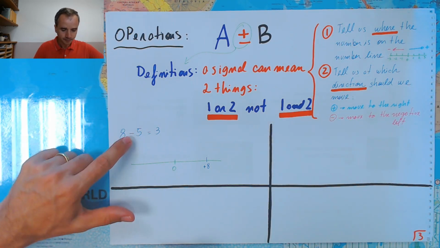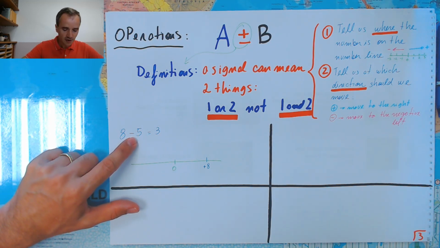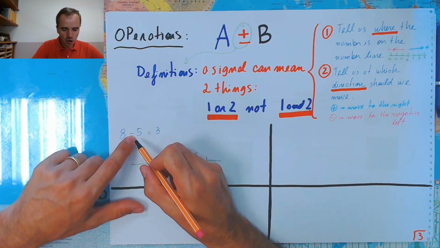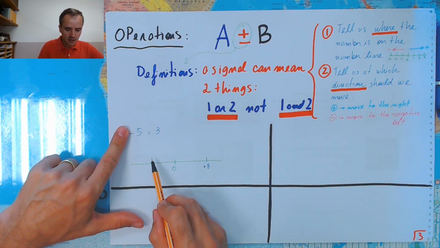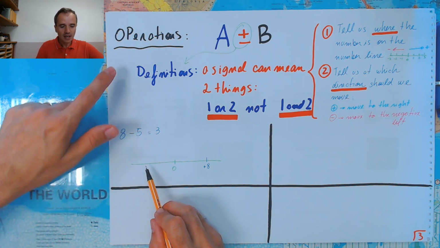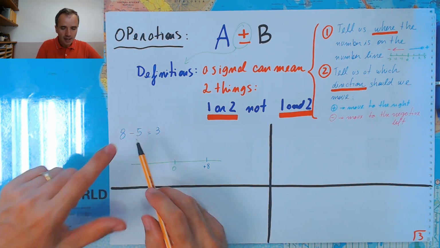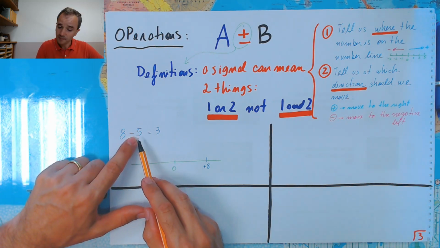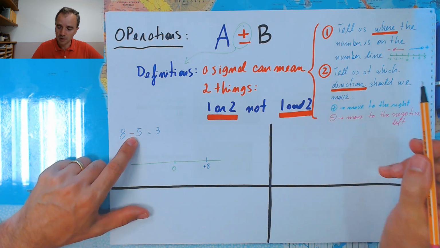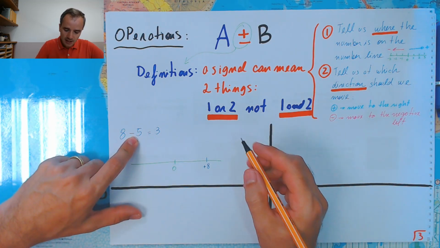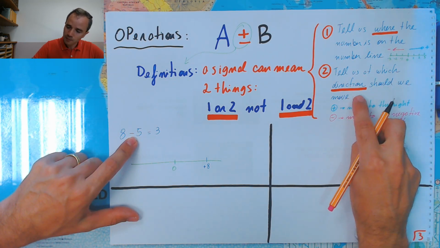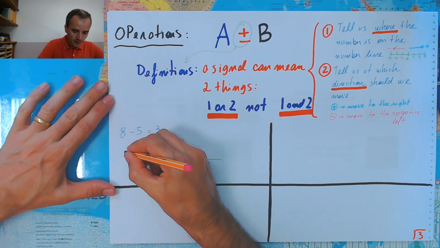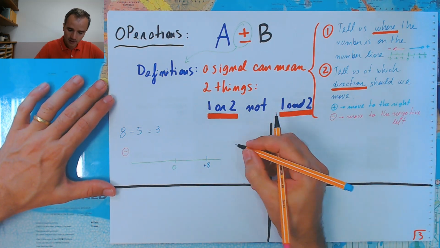Now, I'm taking this 5, but the sign here doesn't make sense to read as negative 5, so it's over here. It doesn't make sense, because it is an operation within this sentence. So this negative sign on the 5 means the second definition. Because it's negative, I am going to move. In which direction? To the left, because this is negative and this is positive.